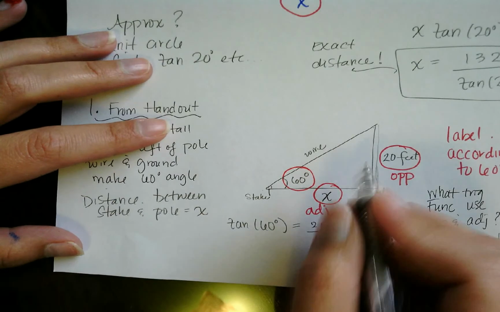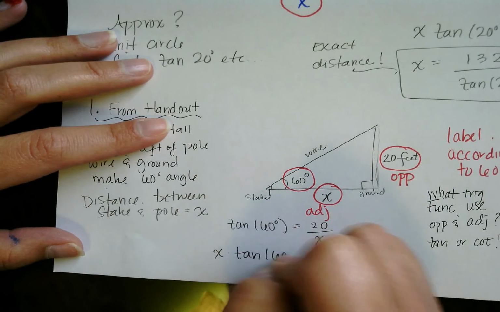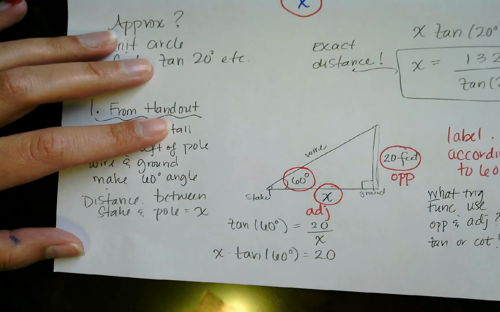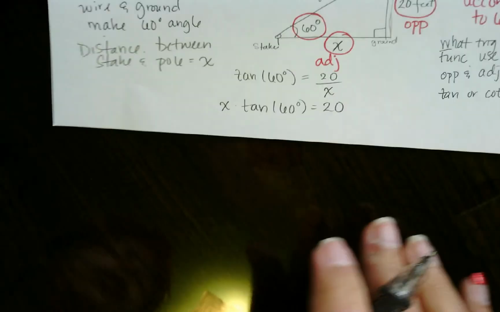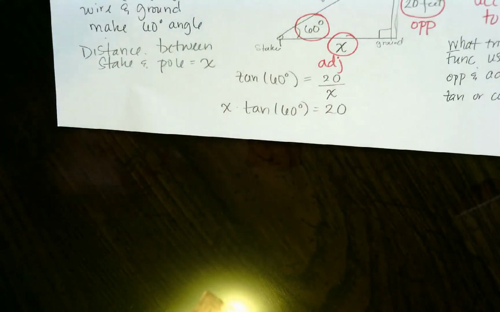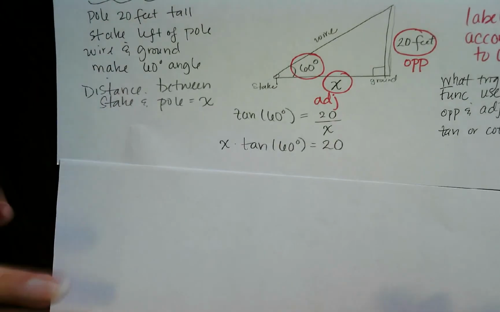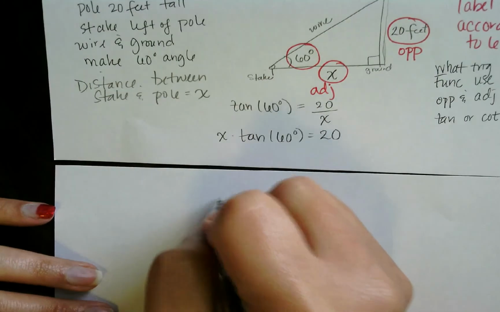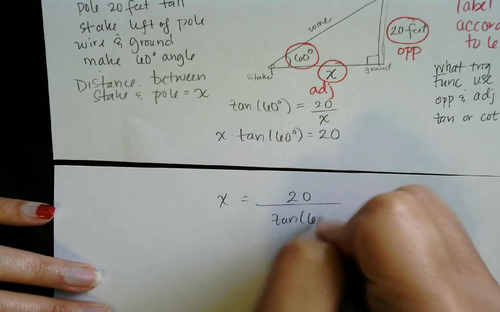So solve for x, clear fractions, multiply both sides by x, divide by tangent of 60. I'm going to have to get a new sheet, which is fine. X equals 20 over tangent of 60 degrees.